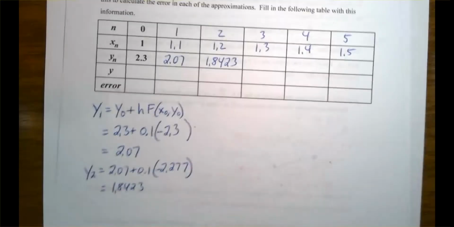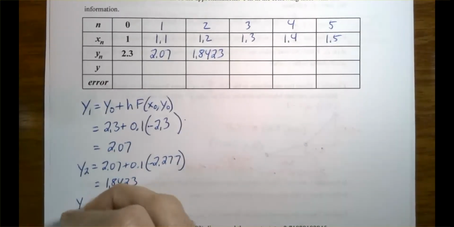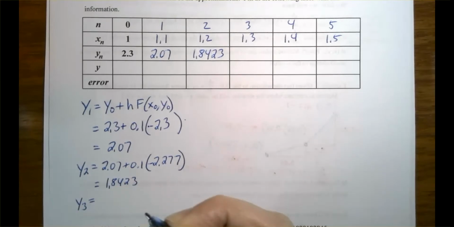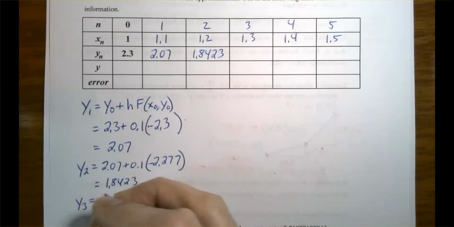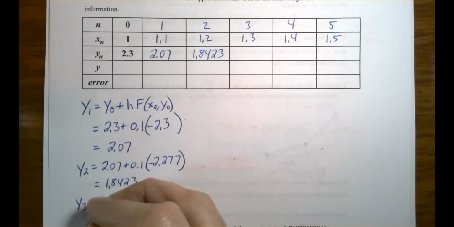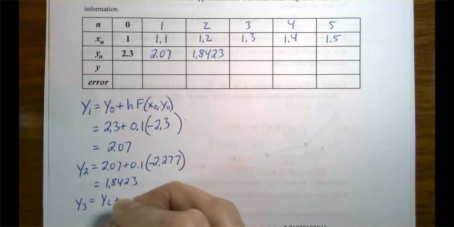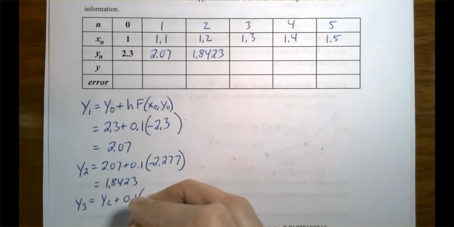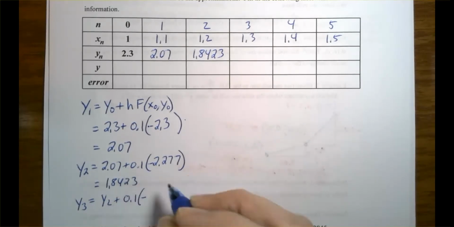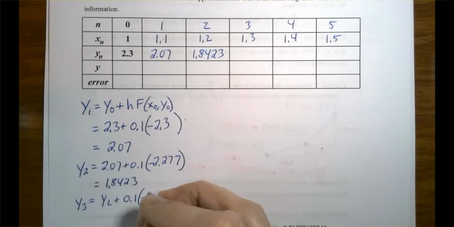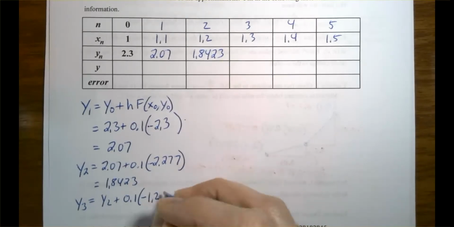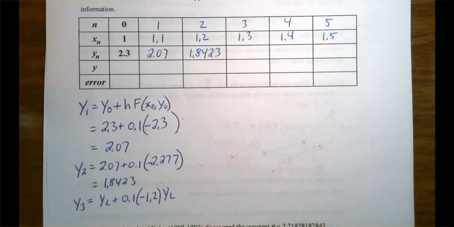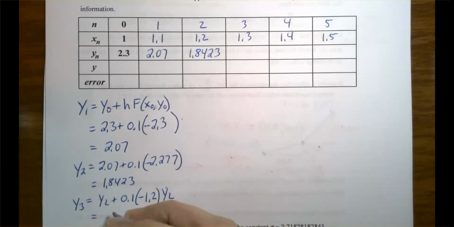So your y3, continuing this process, will equal the old y value, y2, plus 0.1 times negative x2, which was 1.2, times the old y value, y2, because that number is going to keep getting bigger and bigger. And that then turns out to be 1.621224.